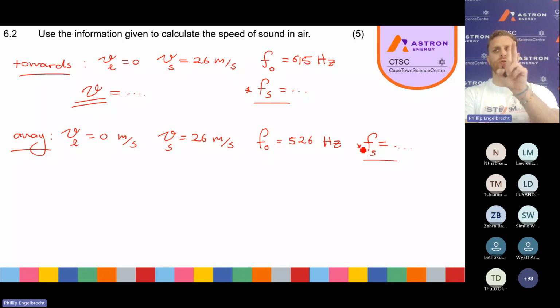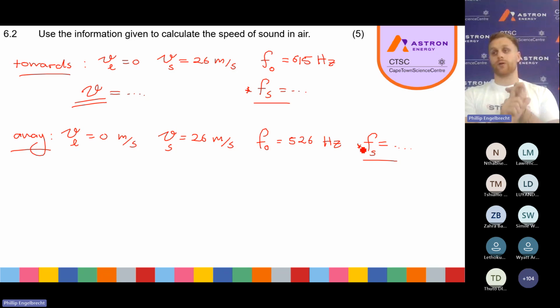So I have two unknowns over here. What should be ringing in your head when you have two unknowns? Simultaneous equations, all right?